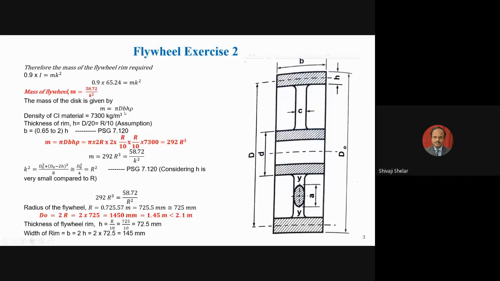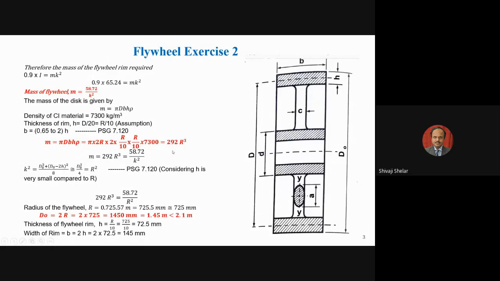Then b I have taken as 2h, and h we have taken as R by 10, so 2h means 2 into R by 10, multiplied by h again as R by 10, and rho here is 7300. By putting all the values in this equation, we get the mass required for the flywheel.